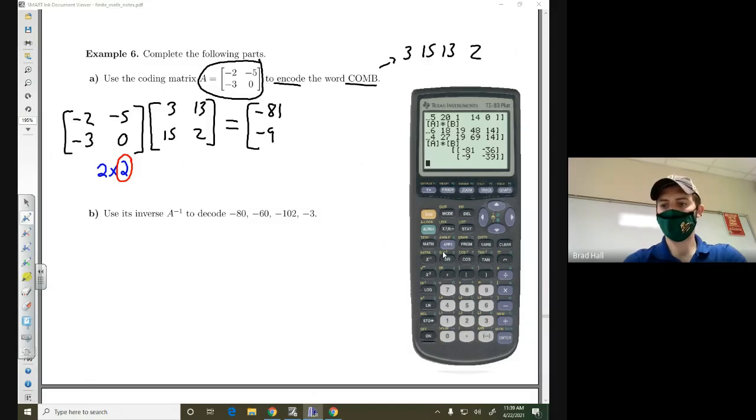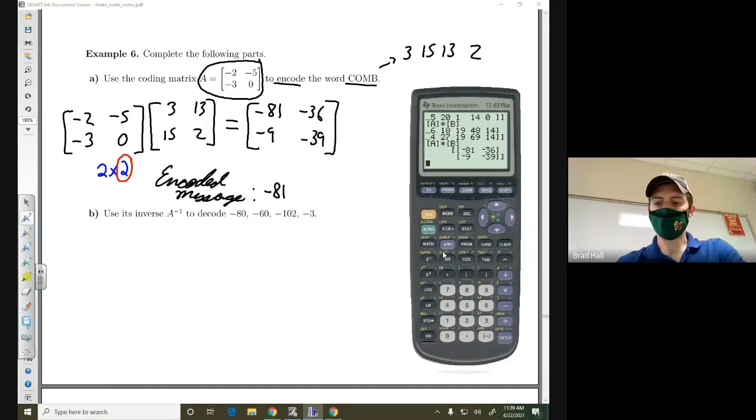The product is -81, -9, -36, and -39. So the encoded message is -81, -9, -36, -39. So that's what you would send out.